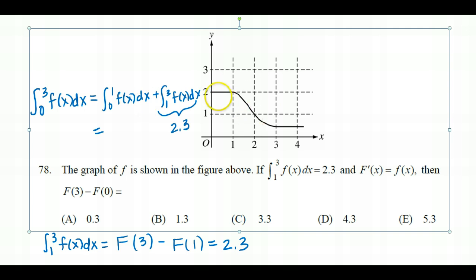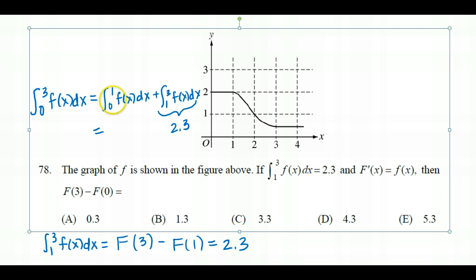Well, that's where the graph comes in. So notice that between 1 and 3, again, we're looking for the area under a curve. So the area under the curve between 1 and 3, well, that one had to be given to us exactly, because since it is a curve, I wouldn't be able to explicitly find that without knowing the function f of x. But here, they've made it clear to draw the portion of the function between 0 and 1 as a perfect horizontal line.